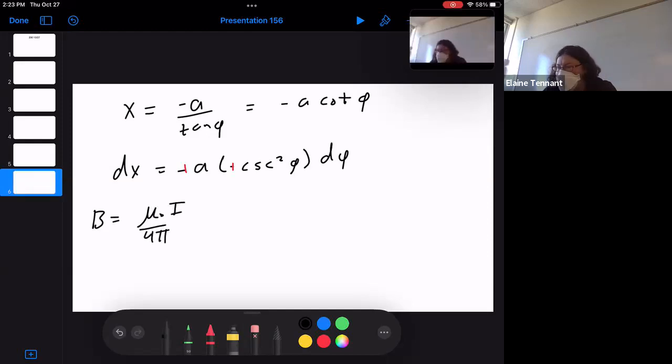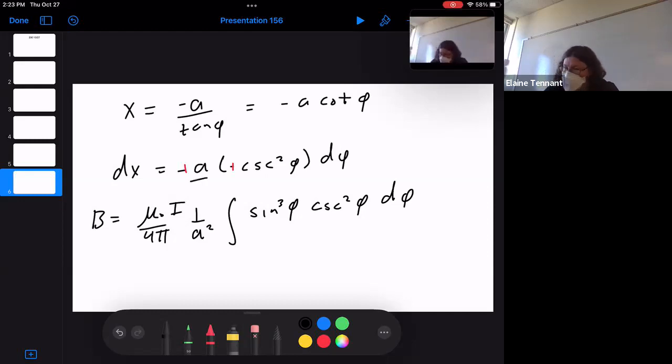I have a 1 over a squared right now. I have a sine cubed of phi, a cosecant squared of phi, a d phi, and notice I also have this a right there, and I'm just gonna put it right there if that's okay.